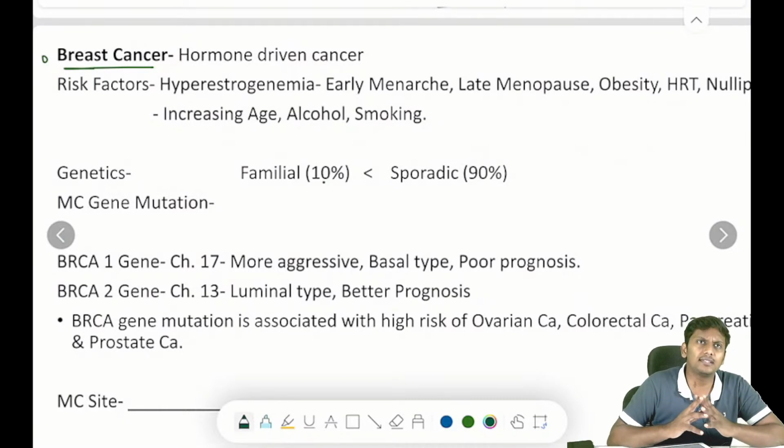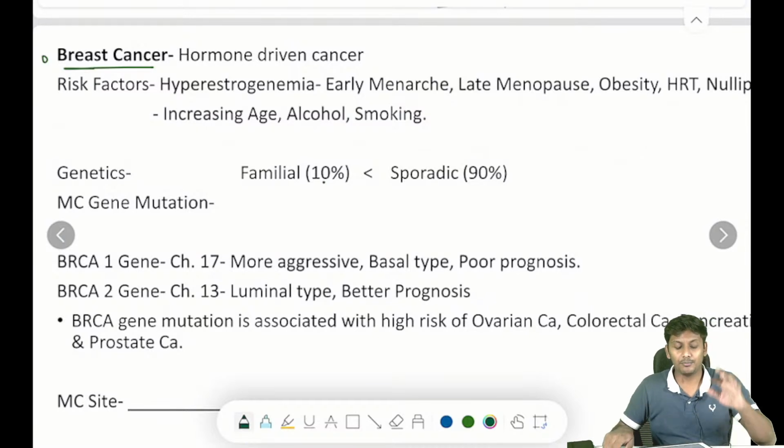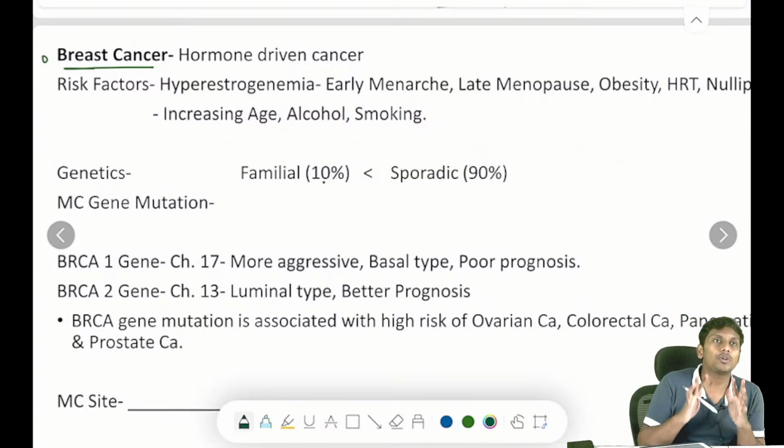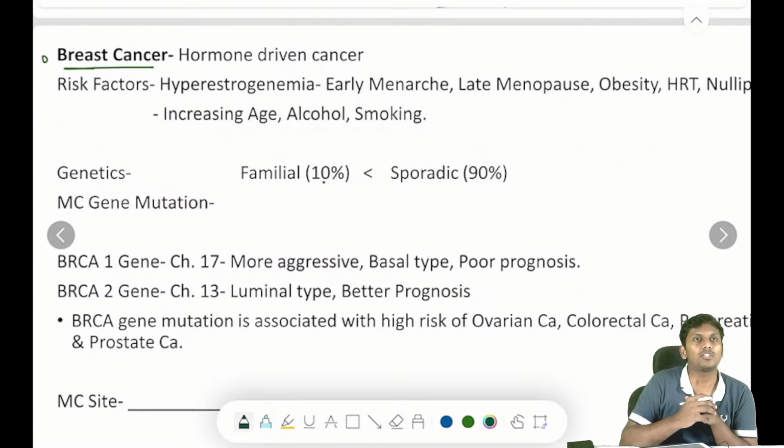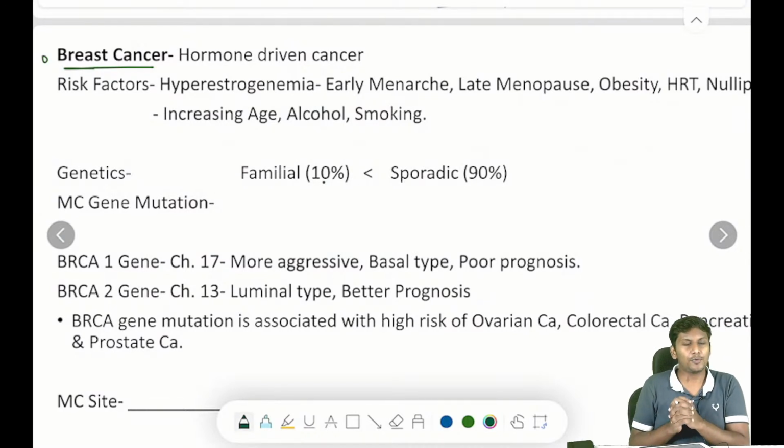And next, milk synthesis, we know definitely it is caused by prolactin, and milk ejection is caused by oxytocin. Okay? That is important. But here we have to remember the more important hormone which causes cell division or proliferation inside the breast, which will be responsible for increase in the size of the breast, is your estrogen mainly. Okay, that is the reason why estrogen is mainly responsible for breast cancer.